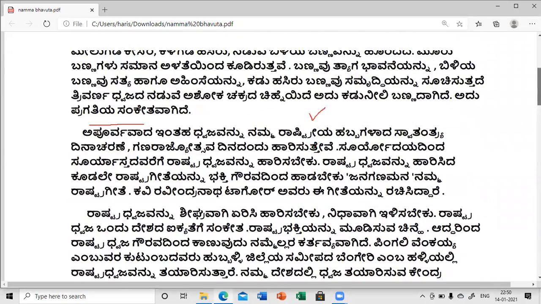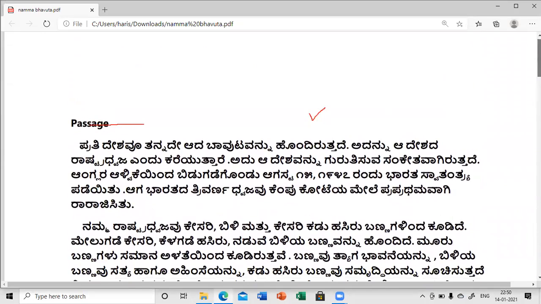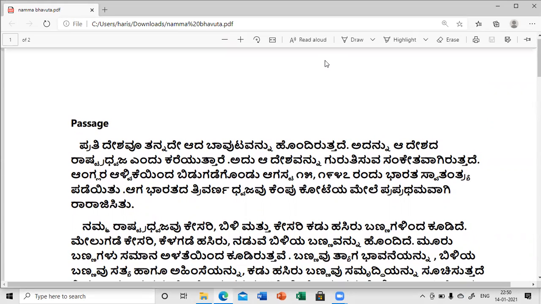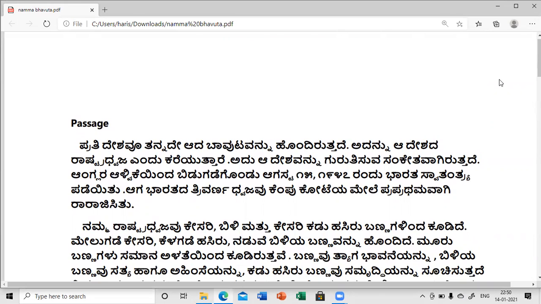As I said, usually for the first question, the answer would be in the beginning of the passage. They may use synonyms here. When I say synonyms, the words given in the question would be given in the passage, but there may be a different word which actually means the same.